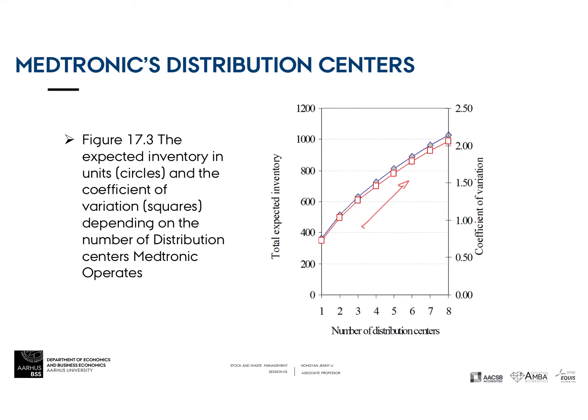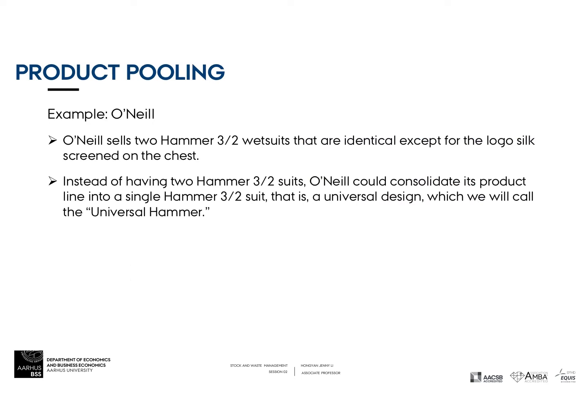Of course, there are service level requirements and transportation issues, so adding more distribution centers may increase the responsiveness of your supply chain, but normally it means higher inventory costs.